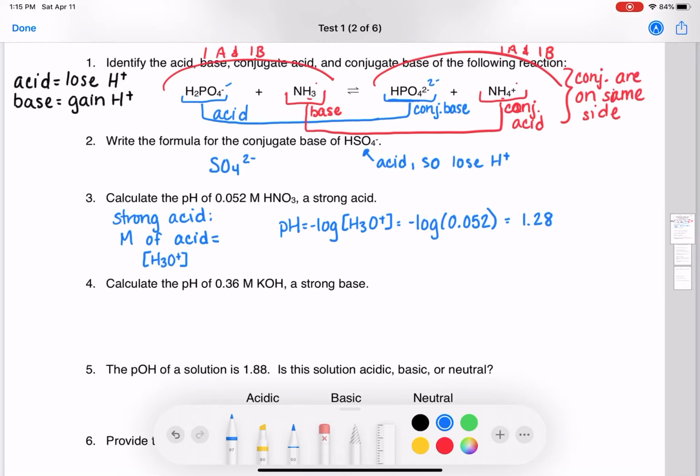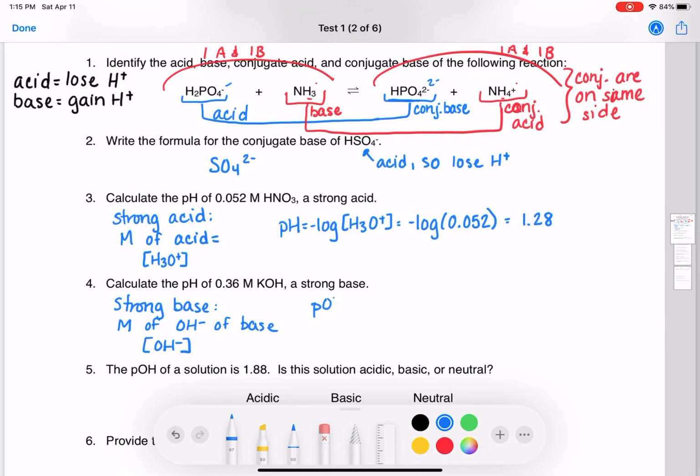Calculate the pH of a strong base. For a strong base, similar to a strong acid, the molarity of the base is going to be equal to, ooh, that's not the best way to write that. The molarity of the hydroxide ion concentration of the base is going to be equal to the OH minus concentration, which we'll use to calculate pOH.